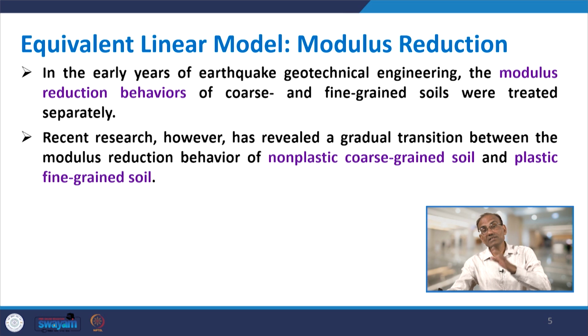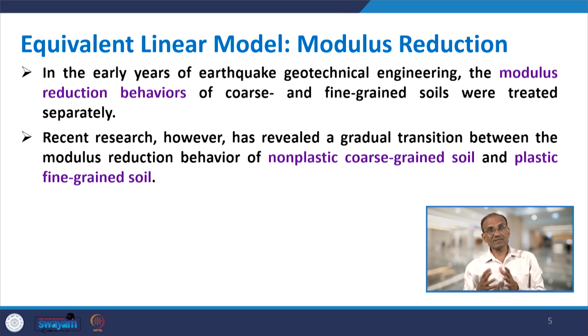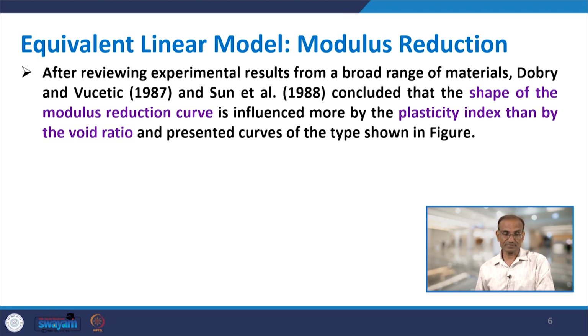Earlier, the modulus reduction curve was studied separately for coarse grained and fine grained soils, but later research has pointed out that the plasticity index, PI, could be an important factor rather than dividing into coarse grained and fine grained soils. So, depending on the PI value we can have different modulus reduction curves.